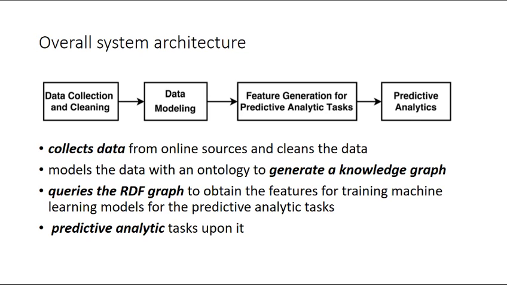With the feature vectors we train our machine learning model for doing the predictive analysis tasks. So collection, modeling, feature vector generation, machine learning, and the outputs, which are predictive analytic tasks, are performed in the paper.